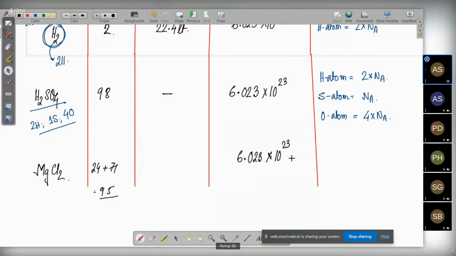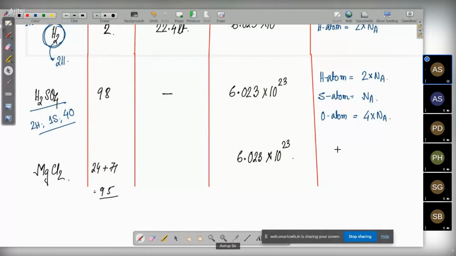Now you tell me, magnesium chloride, you have done this in class 10. Is it an ionic compound or a covalent compound? It is an ionic compound, Mg2+ and 2Cl-.